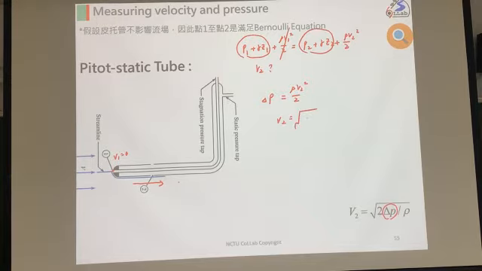So we can reorganize: V2 is equal to the square root of 2 times delta P divided by rho. So if we put in the Pitot tube, we can get the pressure difference.